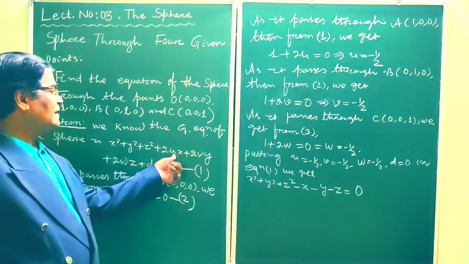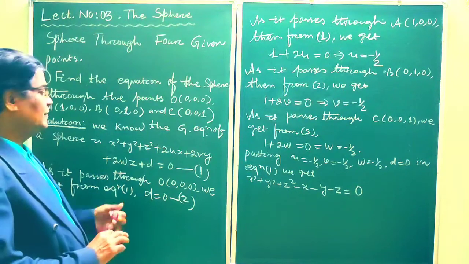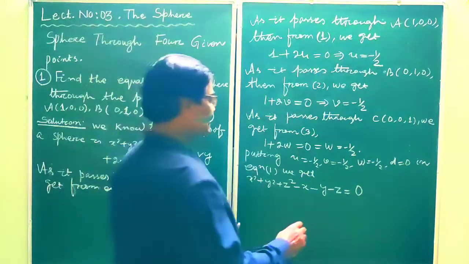Putting u is equal to minus half, 2 cancels, minus x. Similarly, v is minus half, w is minus half. Answer.